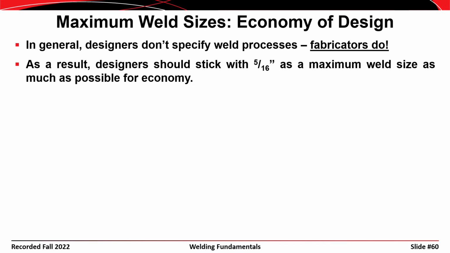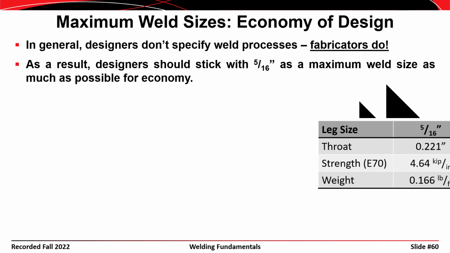Because you as the engineer probably don't know which process is going to be used, what you should do is stick to around a 5/16 as a maximum weld size as much as possible, so that regardless of which process is used by the fabricator, they could place that weld with a single pass.